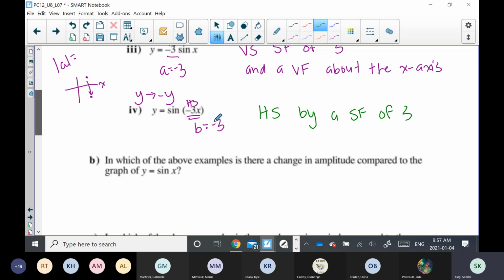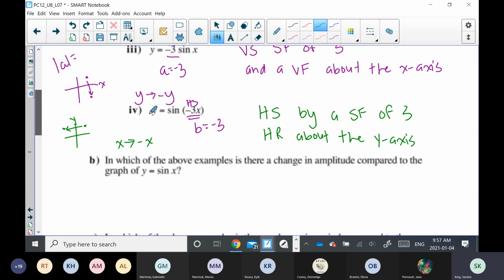And then the negative just means that there's going to be a reflection. So the replacement is x is being replaced with negative x. If I have a point and that x value becomes negative, it's going to be reflected. That is a horizontal reflection about which axis? The y-axis.